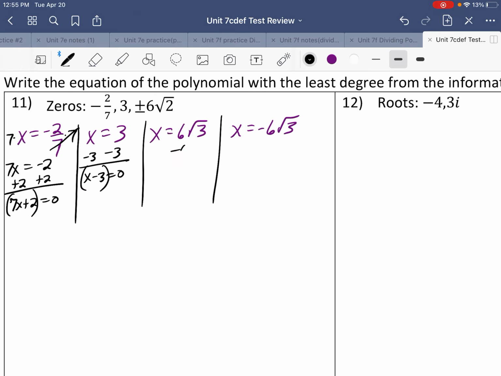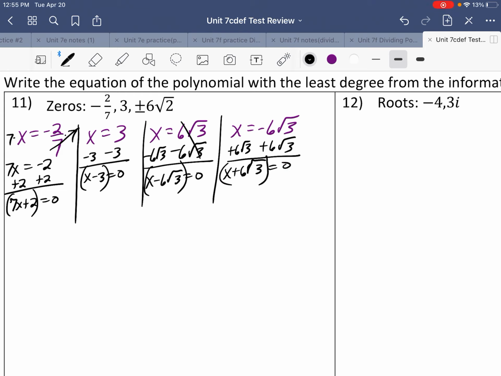There's your factor x minus 3, and I know this looks very strange, but x minus 6 square root of 3 is your factor. x plus square root of 3 is your factor. Now we're going to write it in factored form of the polynomial. So each factor is going to be written next to each other.